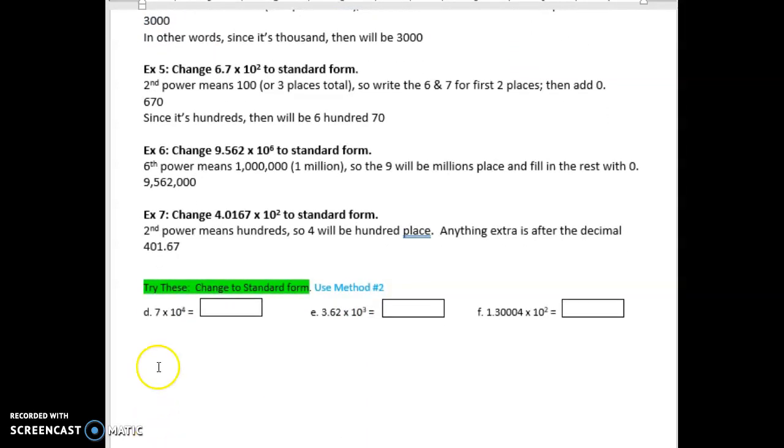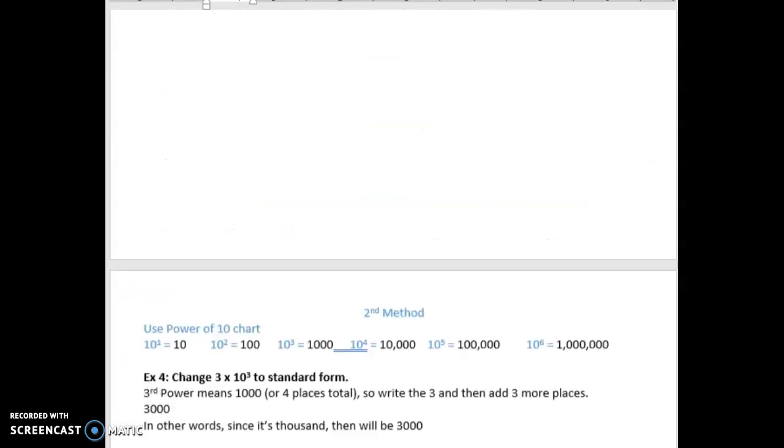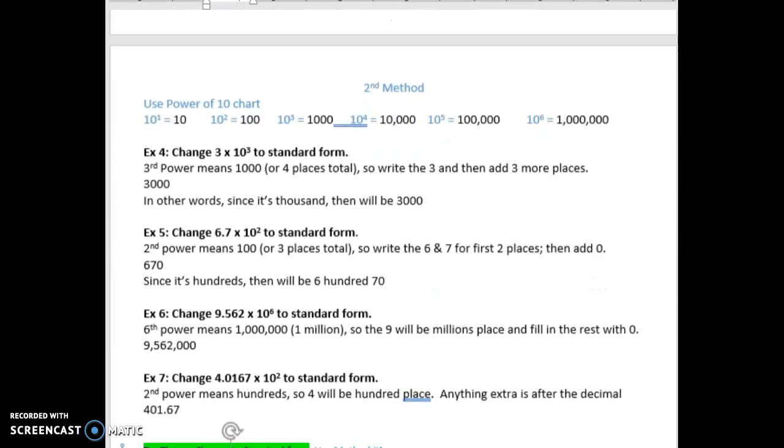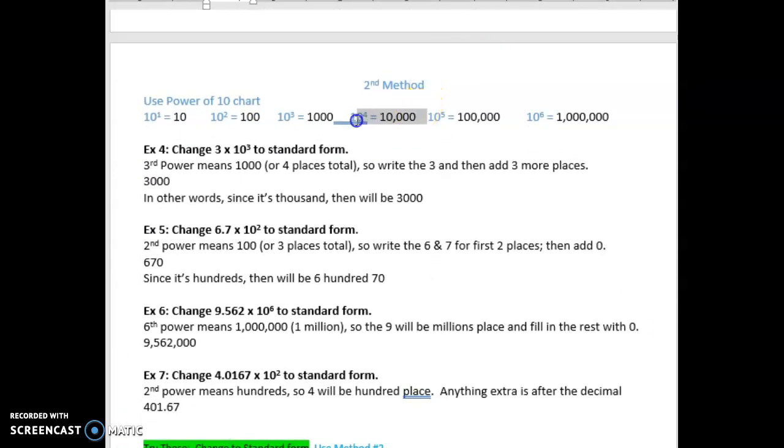So let's try this one. 7 times 10 to the power of 4. 4 is thousands, so automatically 7 becomes 7,000. Correction, 4 is 10,000. Let me double check. 4 is 10,000. Knew that looked funny. Okay. 4 is 10,000, so it goes to the 10,000s place.